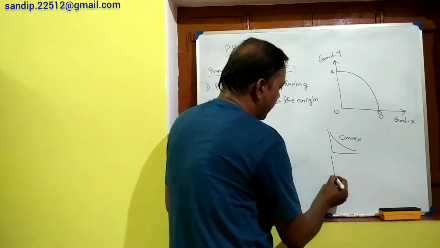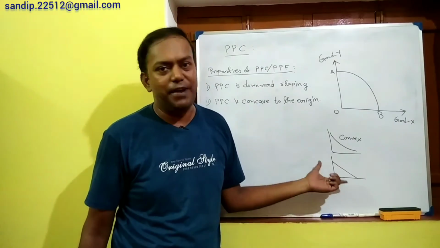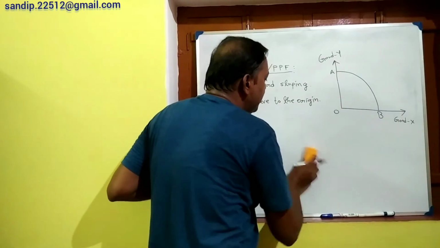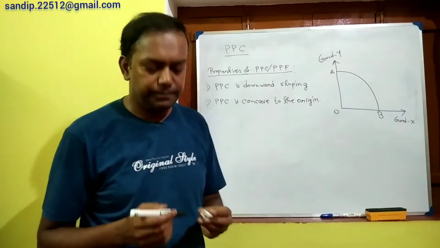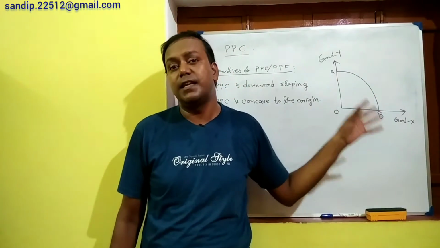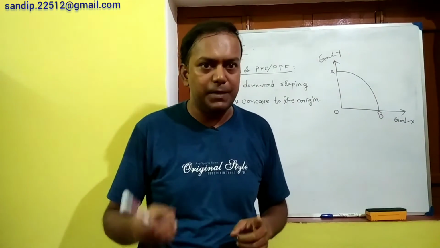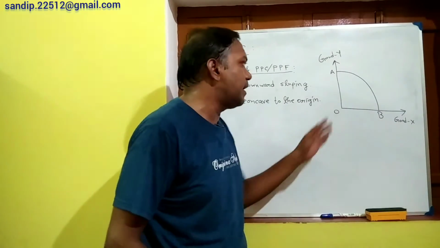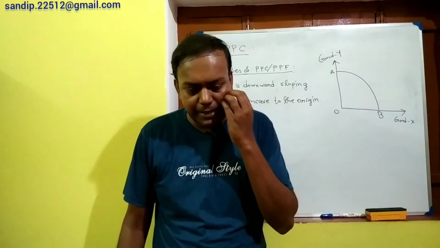Or a downward sloping straight line. Generally PPC becomes concave to the origin, but its shape could be convex or a straight line under certain conditions. If those conditions are fulfilled, then only the curve could be convex or a straight line. That I will also discuss.